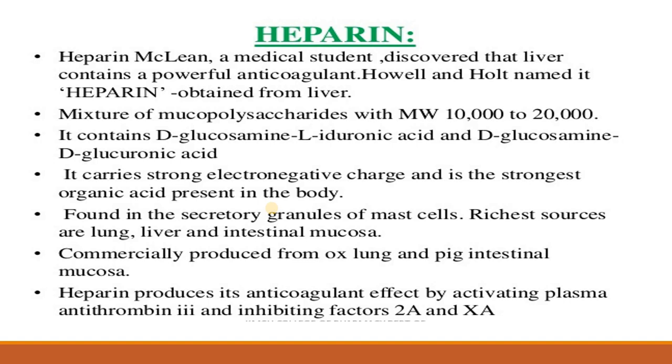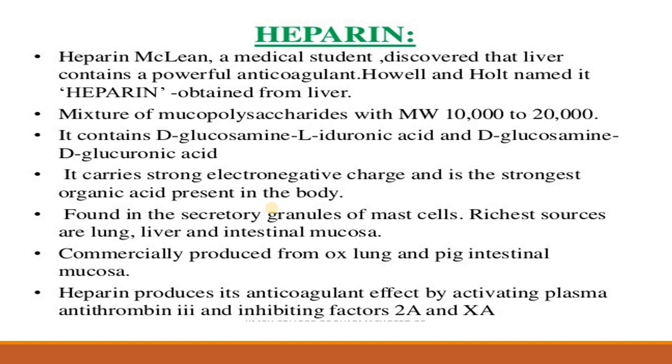It is found in secretory glands and mast cells. Rich sources are the lungs, liver and intestinal mucosa. Commercially it is produced from ox lungs and intestinal mucosa.